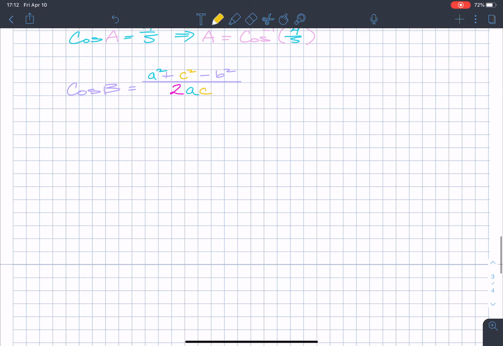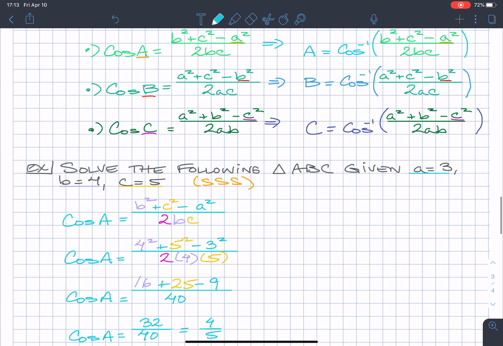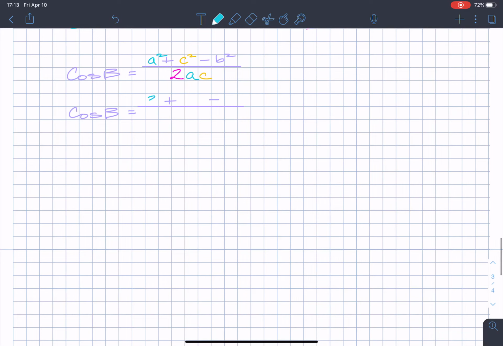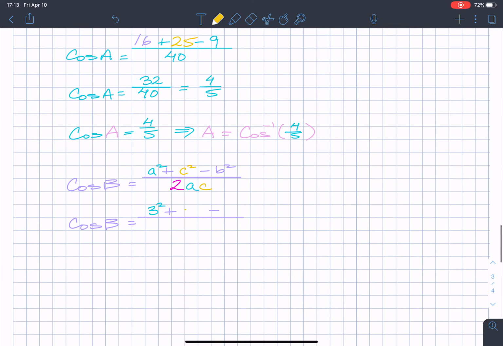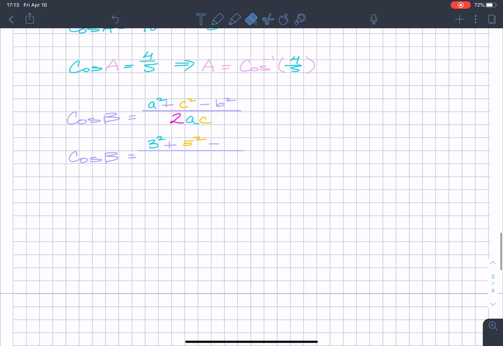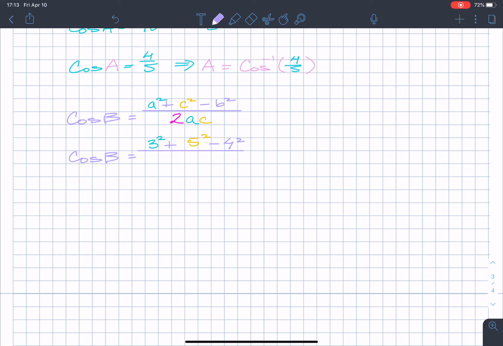Okay. So what do we have? We have that cosine of angle B is going to be A squared. Well, A was 3, so this is 3 squared plus C squared, C was 5, so 5 squared, and B was 4, minus 4 squared, all over 2 times 3 times 5.